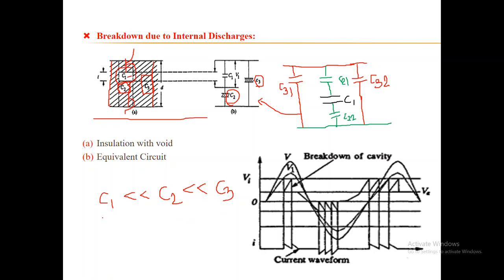So C1 is negligibly small compared to the capacitance offered by C3.